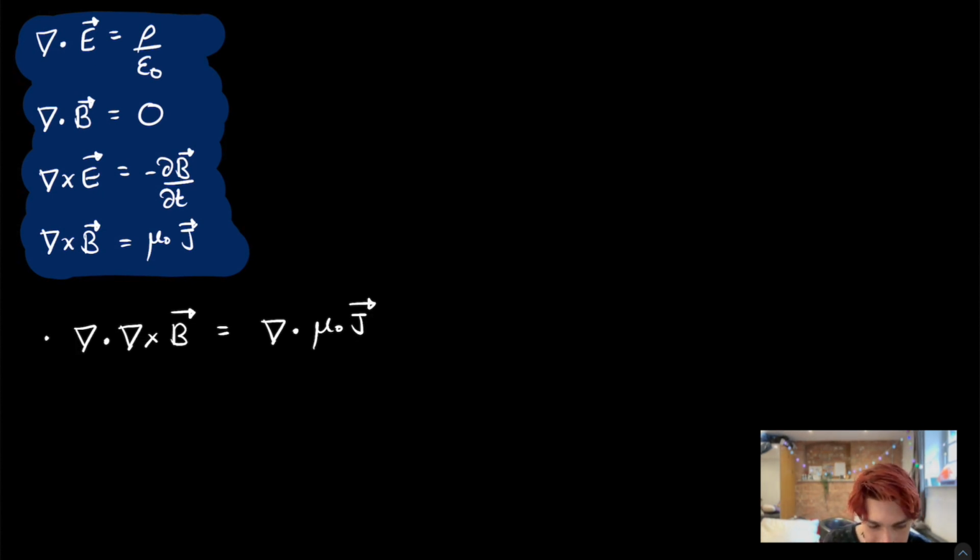And this is a mathematical identity, but you can also kind of make sense of it by thinking that if you take the curl of 2 vectors right here, you produce a vector that is at right angles to those 2 vectors. But if you take the dot product between this new vector that's formed and any one of these 2 vectors, then you'll just get 0 because of course it's at right angles. So essentially this should always equal 0.